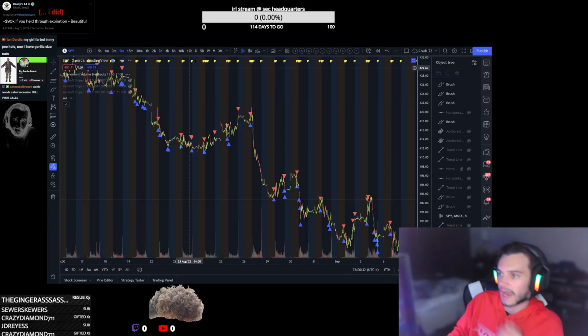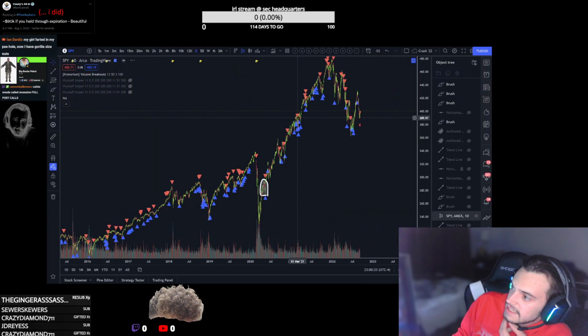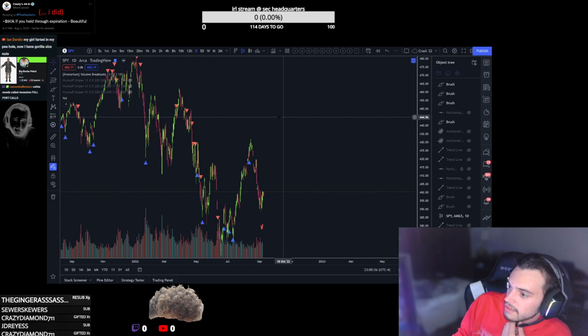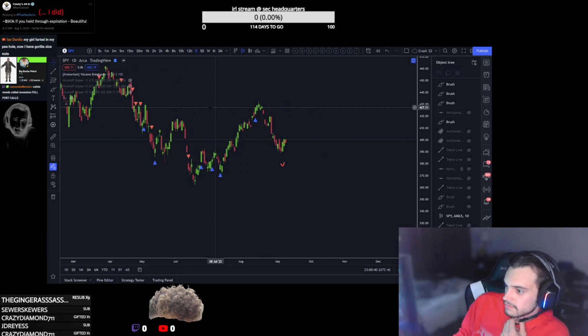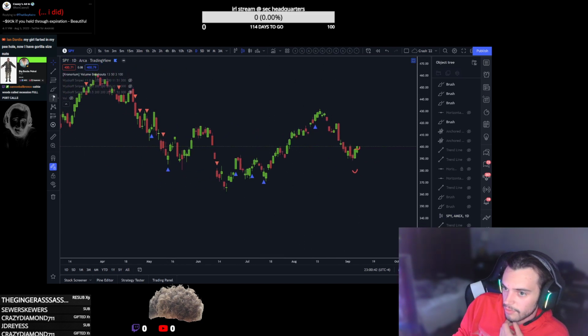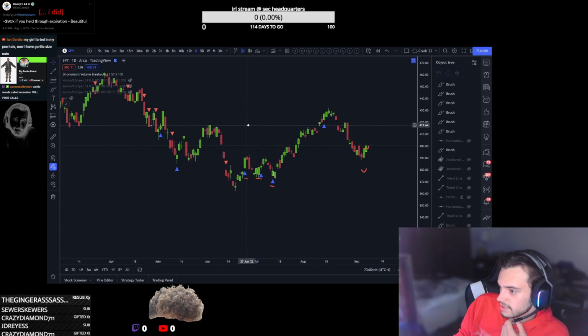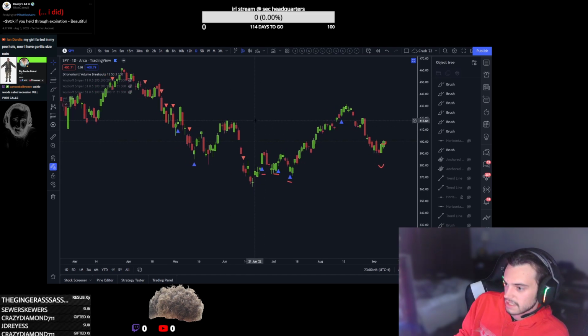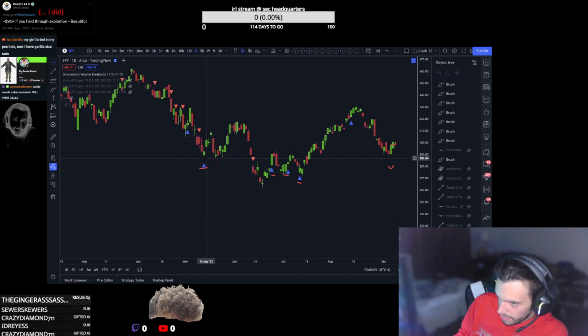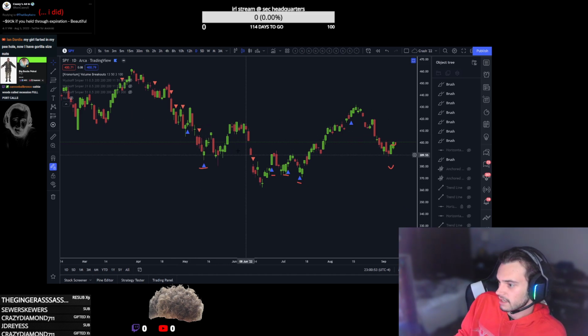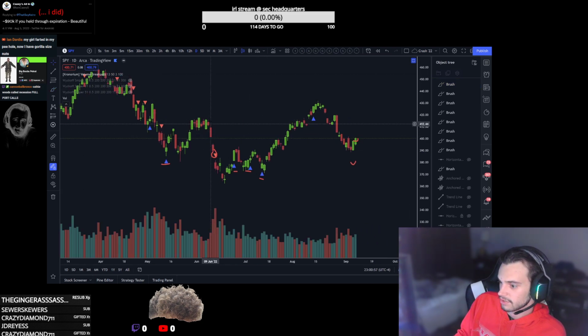If we go to SPY, we'll go to the daily. All throughout here, it's one of those things that's giving you another lens to look through. Like, this is a bottom right here. This signal was obviously pretty late, but I'm guessing this was a low volume push down to start, and then it intensified.